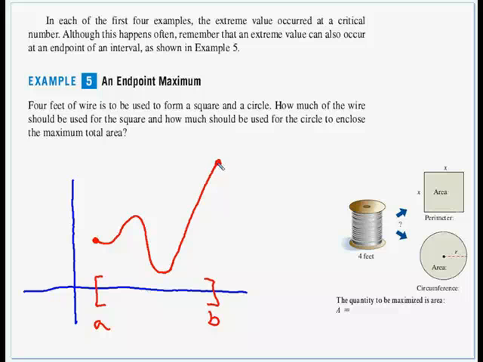When we were looking for mins and maxes, we would identify the critical numbers. We might have a min or a max here, a min or a max here. And this here was a local max. But if we kept going and we checked out the extreme endpoint of the function, this was our global max across that interval. So it is a good idea, always check those endpoints. We can have mins and maxes occur there.